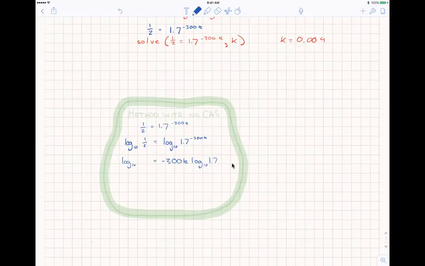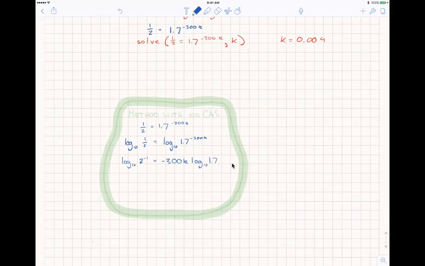And instead of a half here, I'm going to write the half as 2 to the negative 1. Now, if we want to get K by itself, we've got a minus 300 multiplying it, and we've got a log base 10 of 1.7 multiplying our K. So in order to get K by itself, we need to divide through both sides by minus 300 log 10 of 1.7.